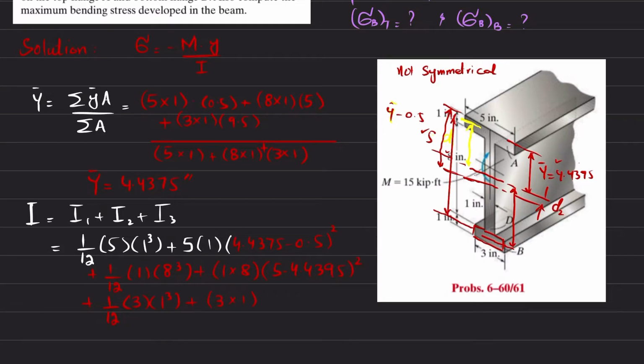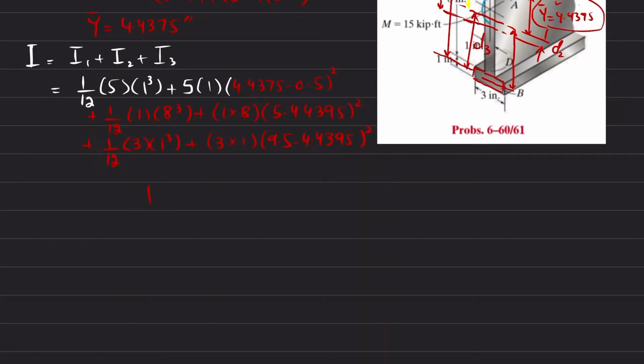So 9.5 minus this y dash will give you this distance, and that is your D3. So I will write 9.5 minus 4.4395, and that will be squared. So when you calculate it, you will get the total moment of inertia equal to 200.27 inch power 4.